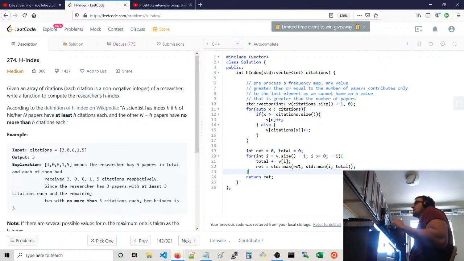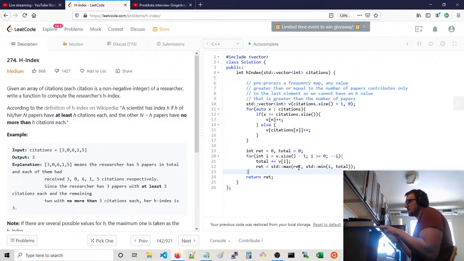So you have all these papers, some that are larger, and you accumulate. You read the array cumulatively, accumulating as you go. Each time, the total is the number of papers that are greater than or equal to i, and you want the minimum of those two. If the total number of papers is more than i, then i is a potential value.